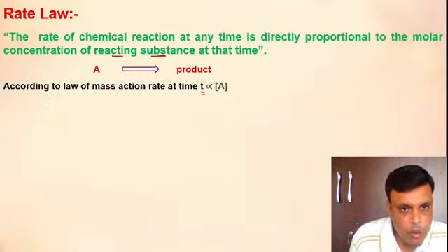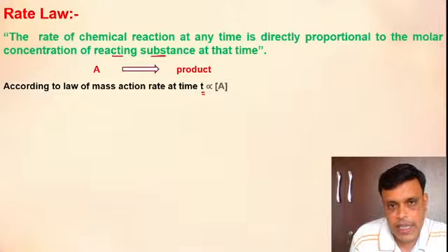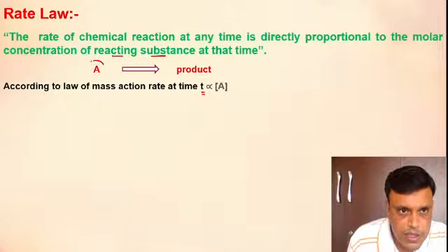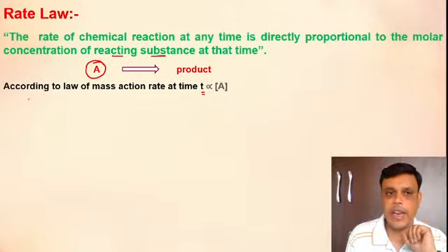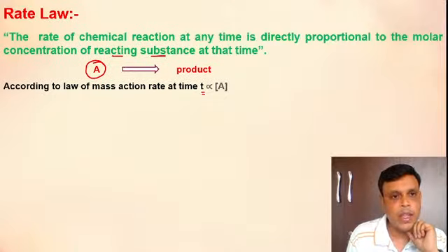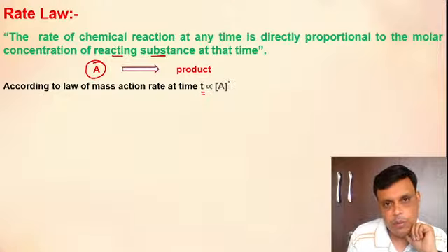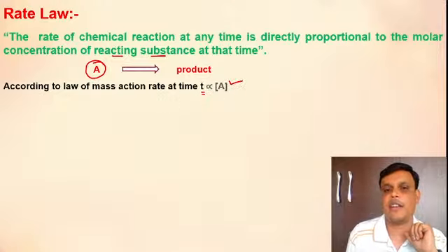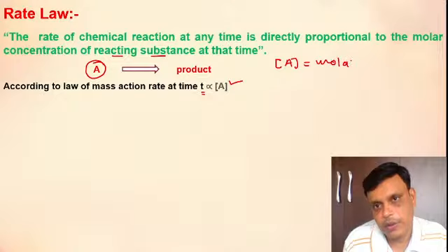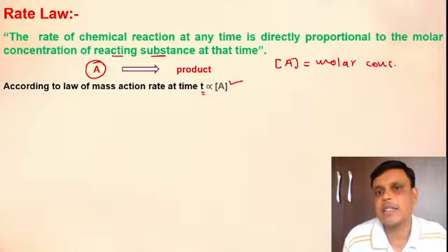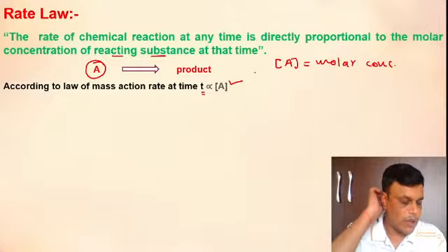So according to the law of mass action, the rate at time t is directly proportional to the reacting substance, and in this reaction the reacting substance is A, which is only one reactant. So the rate at time t is directly proportional to the molar concentration of reactant A. What is this A? A is nothing but the molar concentration.